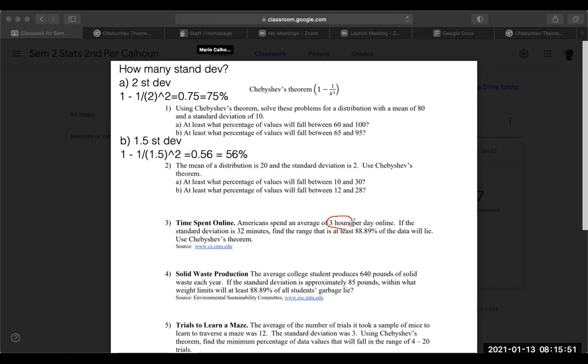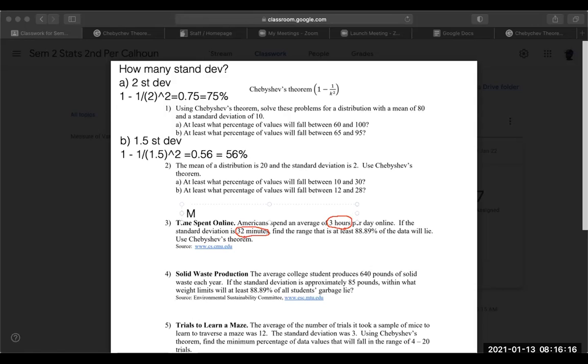I always like to call this a standardized test question, where they have one little trick in there. They give you different units. They tell you they spend 3 hours, but the standard deviation is 32 minutes. When you're operating, you want to operate within the same units.